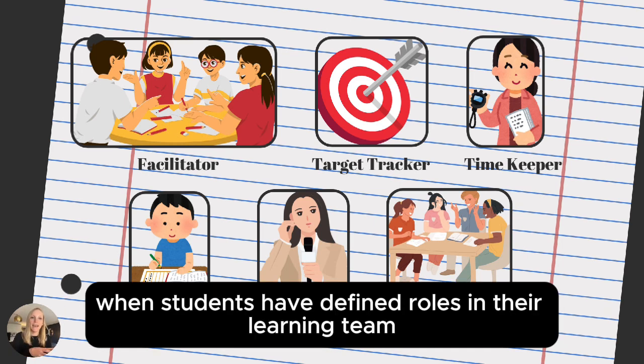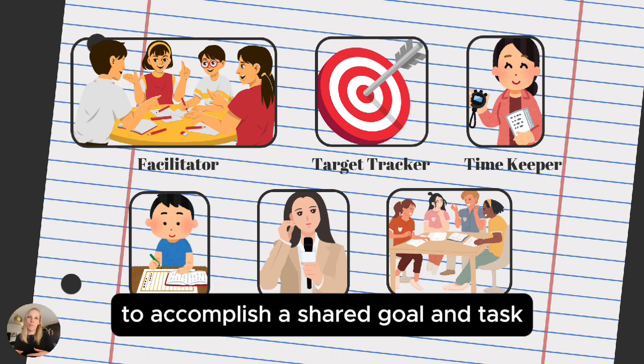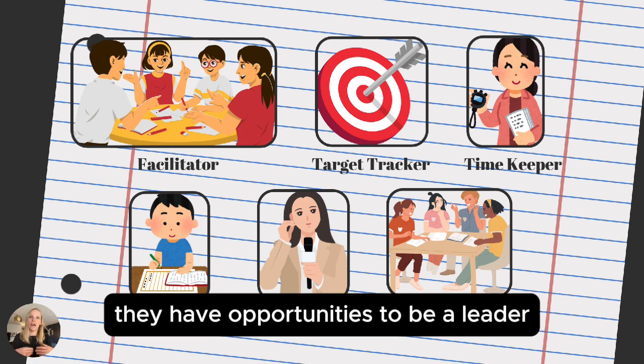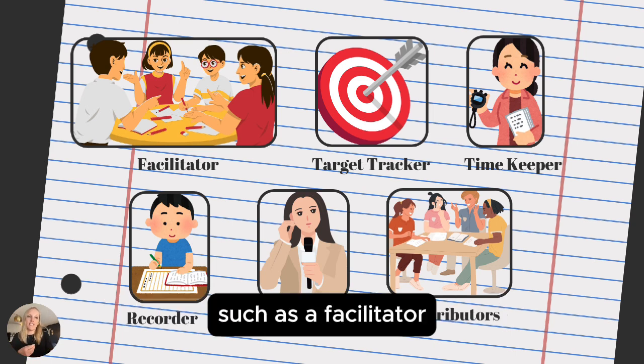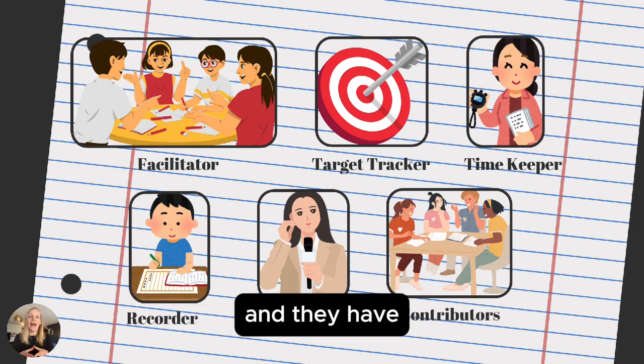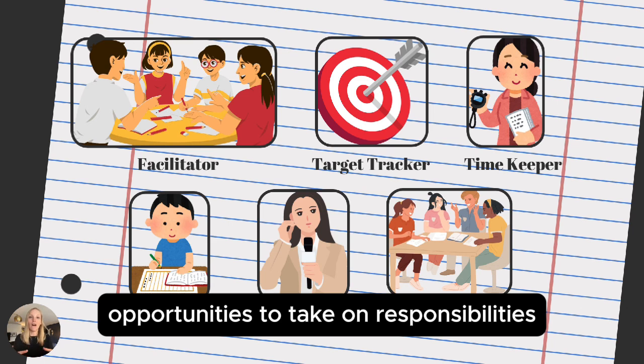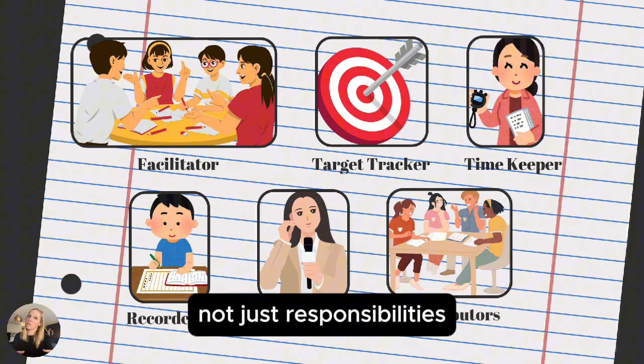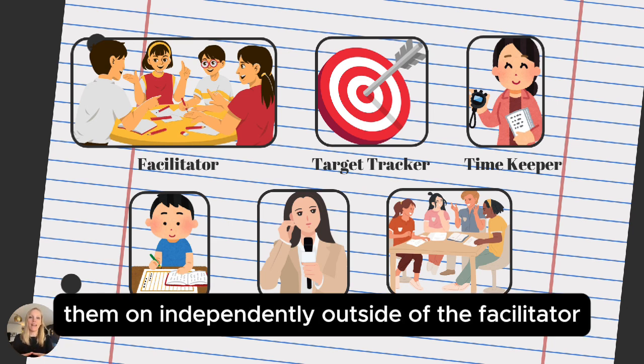When students have defined roles in their learning team to accomplish a shared goal and task, they have opportunities to be a leader, such as a facilitator or even the reporter that reports out. And they have opportunities to take on responsibilities, not just responsibilities, but they're taking them on independently outside of the facilitator.